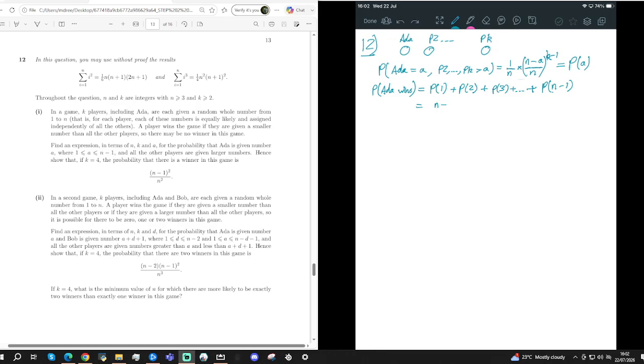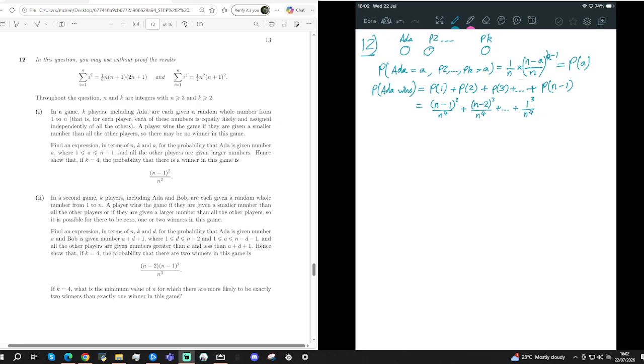It's going to be n minus 1 cubed, because the k is 4, over n to the 4, plus n minus 2 cubed over n to the 4, plus all the way down to 1 cubed over n to the 4.